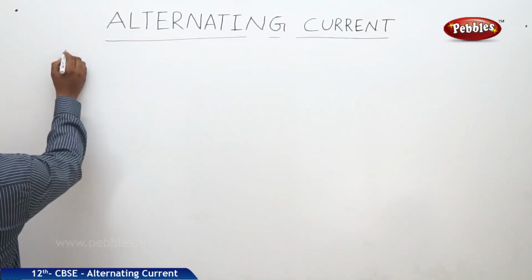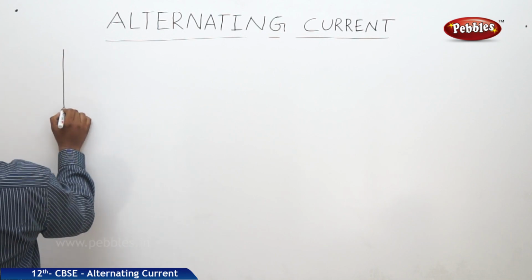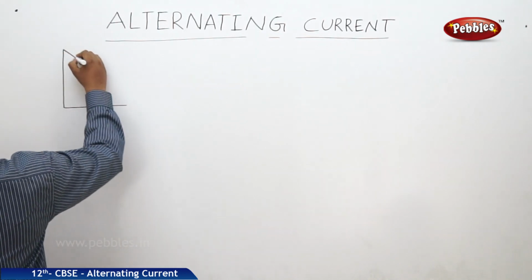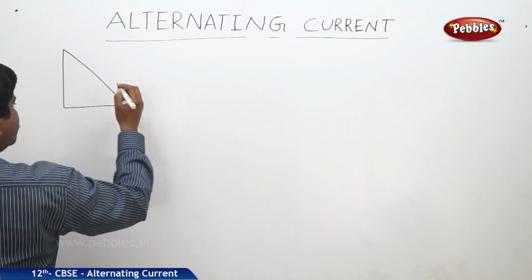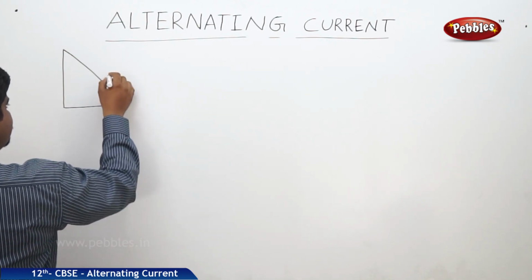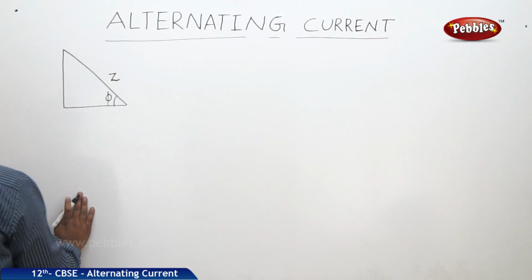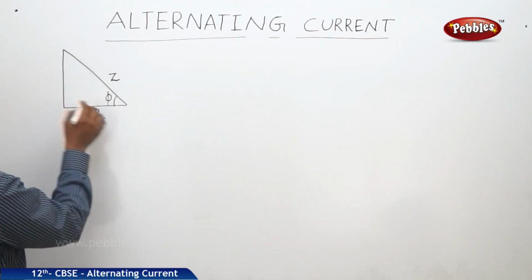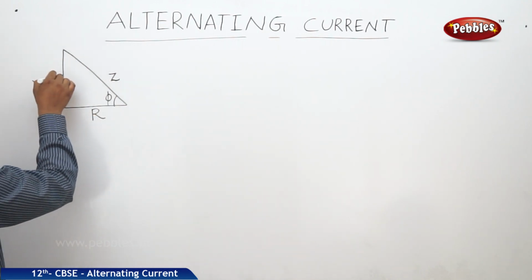Therefore, we have got a relationship like this. This is phi, this is Z, this is R, and this is Xc minus XL.